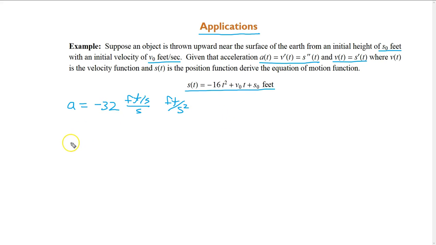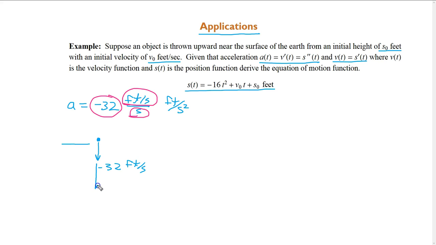What that means is, if you're standing on a platform and you drop something, so it's in free fall, every second its velocity increases by 32. That's what this is telling you. So in 1 second of free fall, your object will be traveling 32 feet per second.